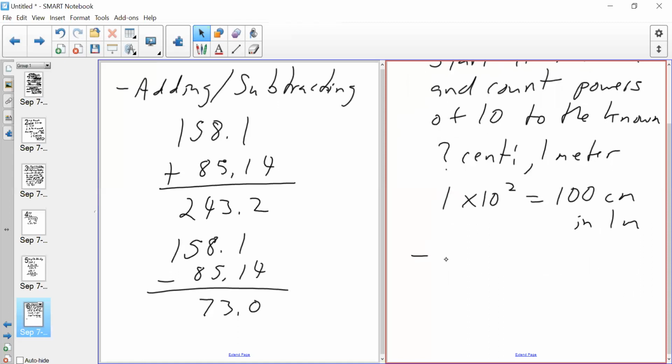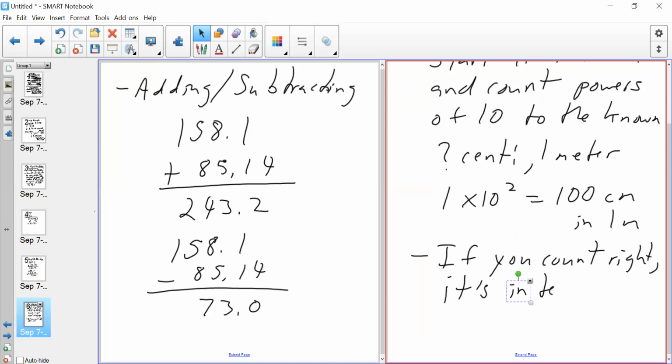So therefore, if you count right, it's in terms of the positive x, whatever x is, 2, 15, 39.